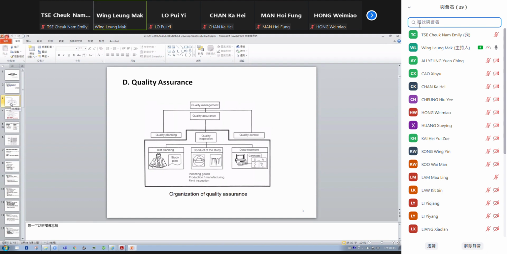Quality assurance is a very important procedure, or section, in analytical laboratories to ensure what? To ensure the result is correct, okay? Normally there is a manager who oversees quality control.